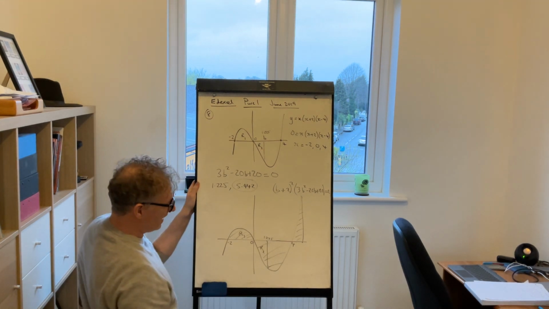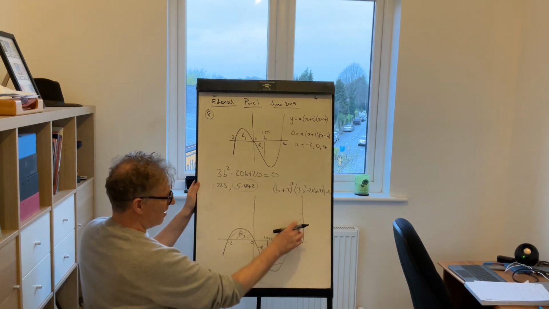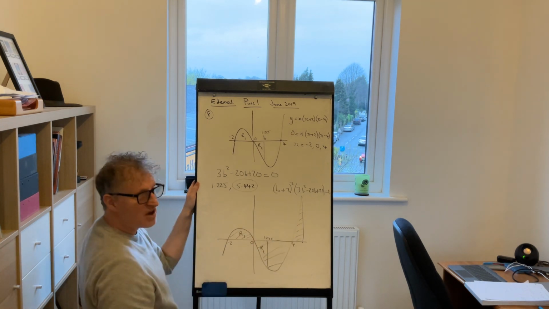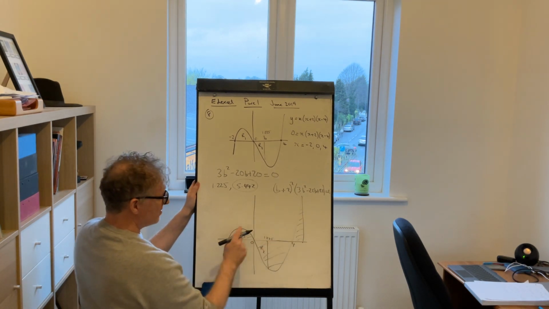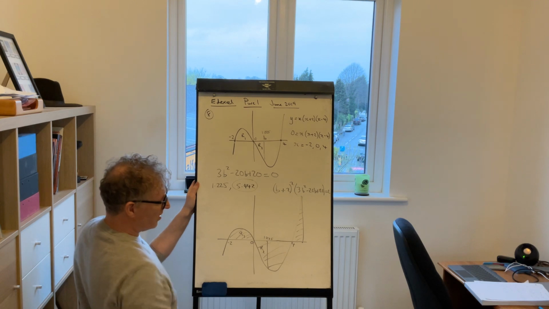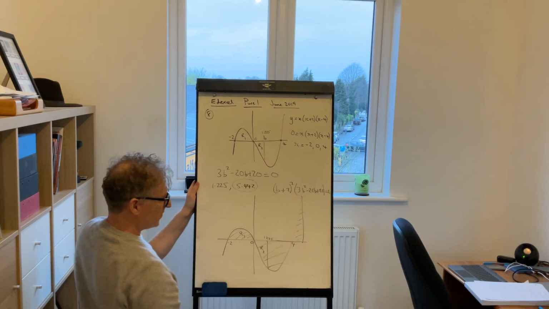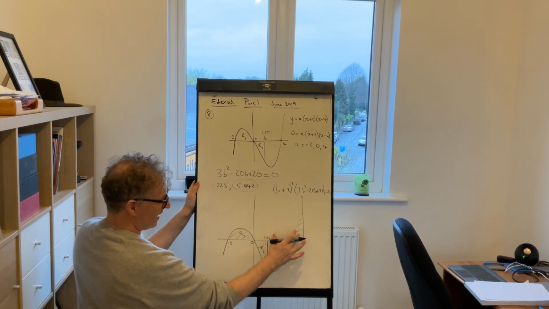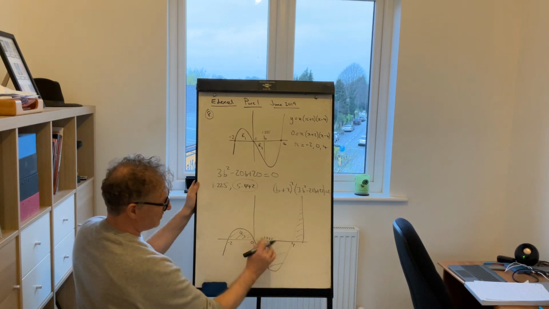So what we're looking at is the other values where the areas under the curves are cancelled out by the areas over the curve. So it's the value of x such that the areas bound by the x-axis and the curve above the x-axis are cancelled out by the areas bound by the curve and the x-axis below.